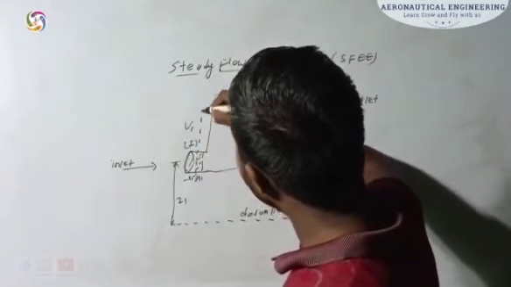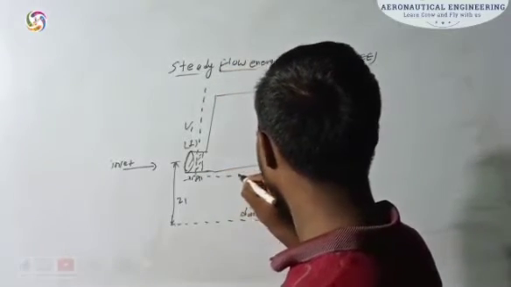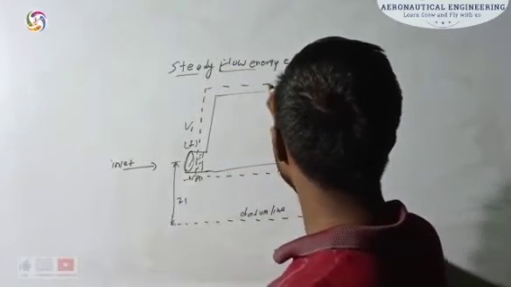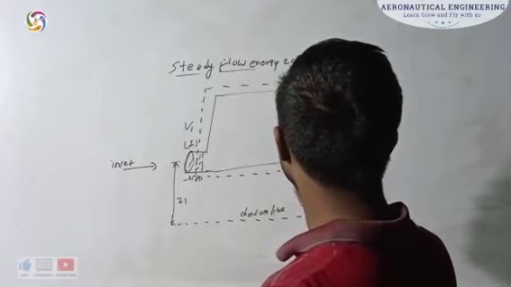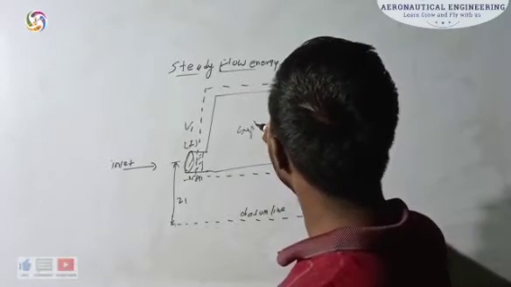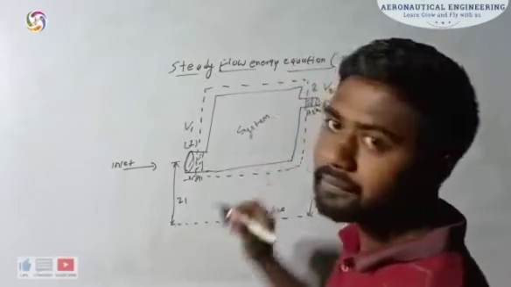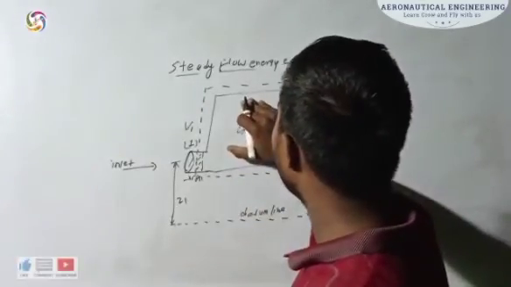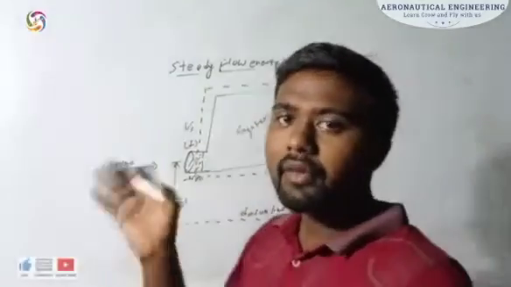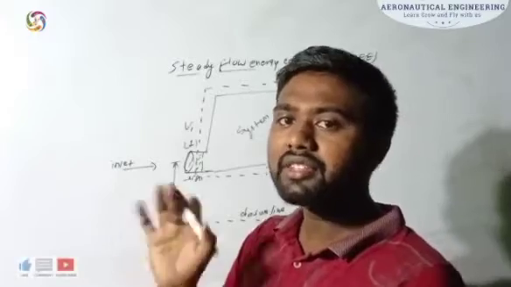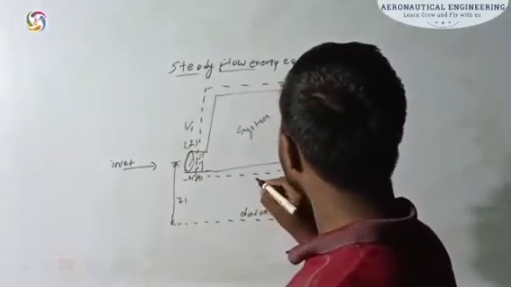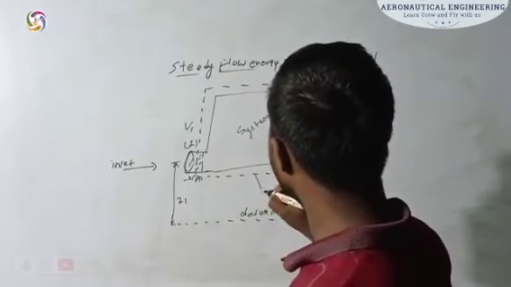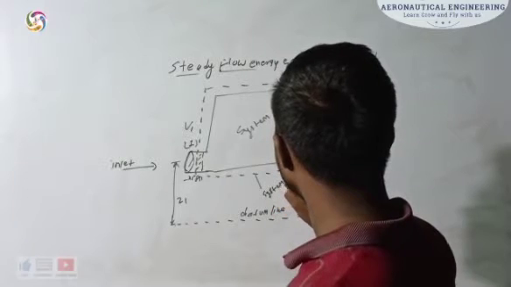So see, this one represents the system. Now outside of the system, or you can say between the system and the surroundings, there is a system boundary. So this one represents the system boundary.